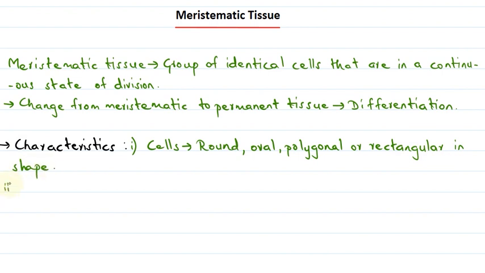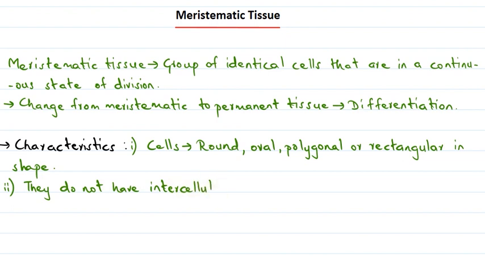Then the next feature is that the cells of meristems are closely arranged in such a way that there are no intercellular spaces. That is, the meristematic cells do not have intercellular spaces.